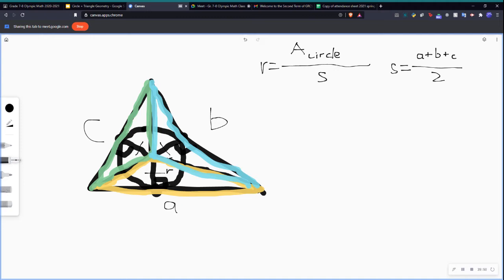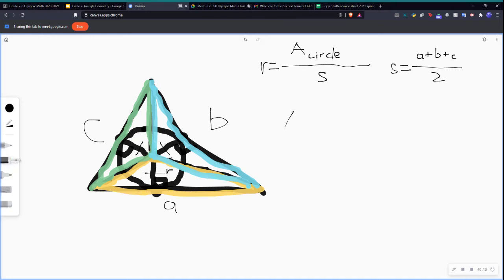And so we have R, which is perpendicular to A, and extends all the way to the top vertex. So therefore R is the height. Similar thing for these 2 other triangles. So the blue one, base is B, height is also R. For the green triangle, base is C, height is also R. So now we can calculate the total area of this entire triangle.